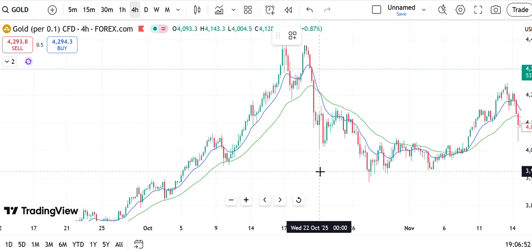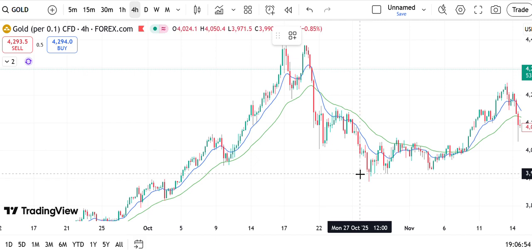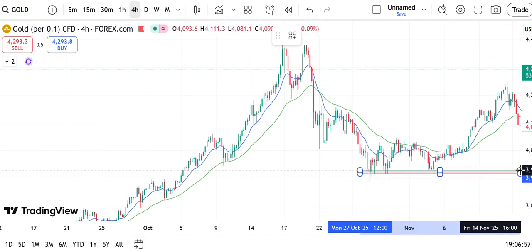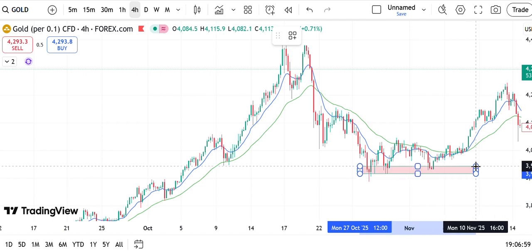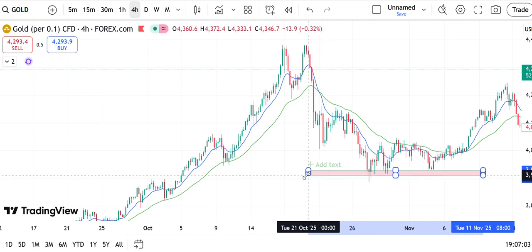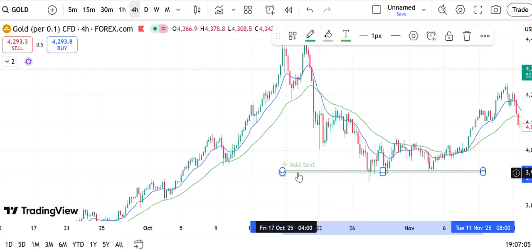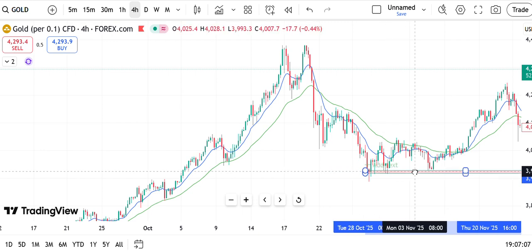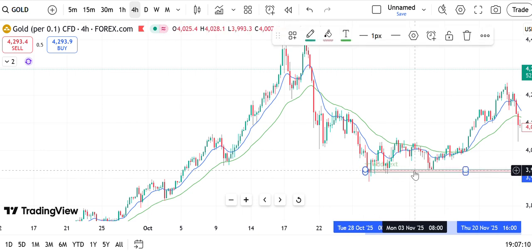I see a key support and resistance here, and I always like to draw my support and resistance as a zone.